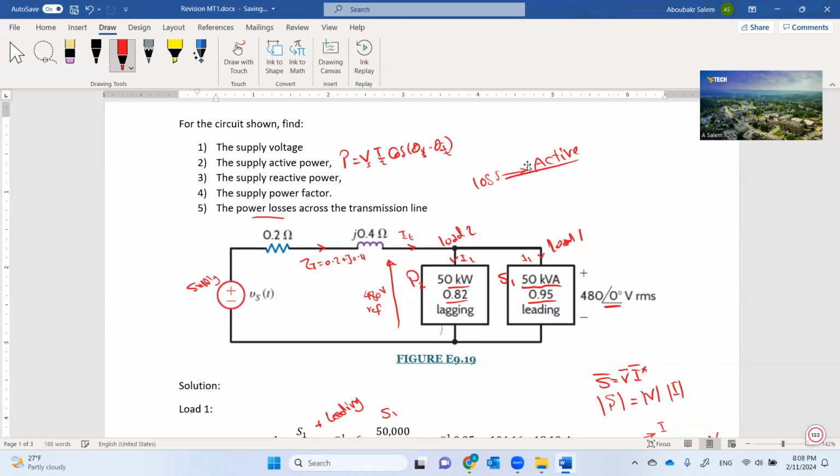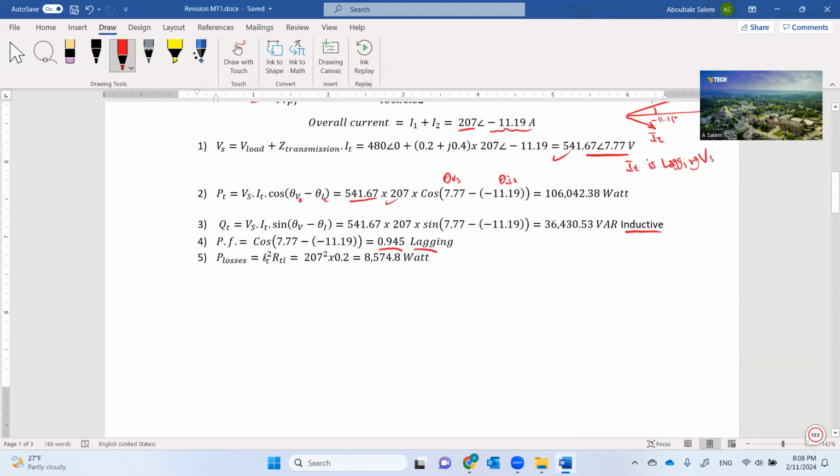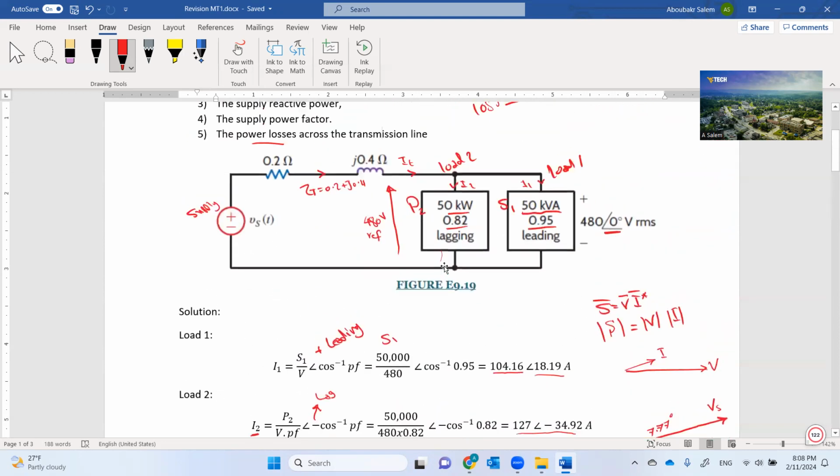I'd like to get the losses across the transmission line, which is across the resistance value of 0.2 ohms. So simply I can say I squared times R, which is 207 squared times 0.2 ohms, which is 8,574.8 watts. So this is the power loss across the transmission line.